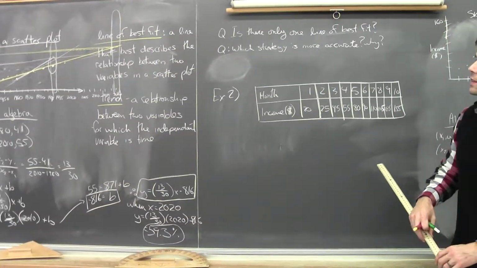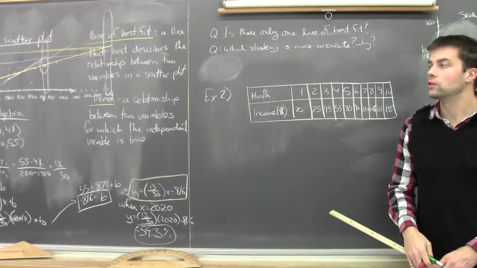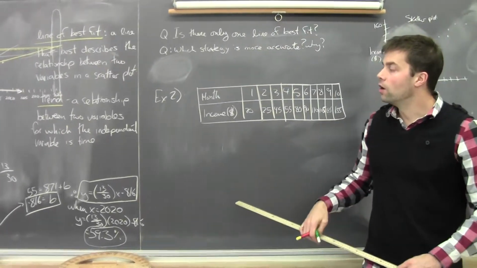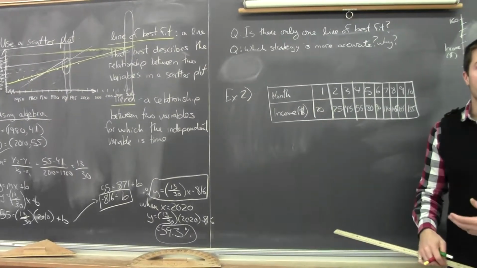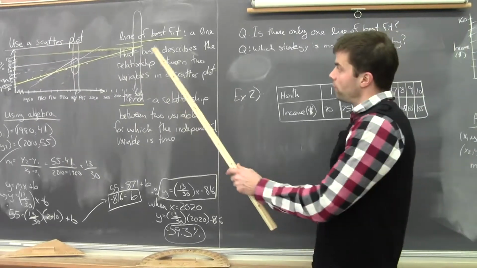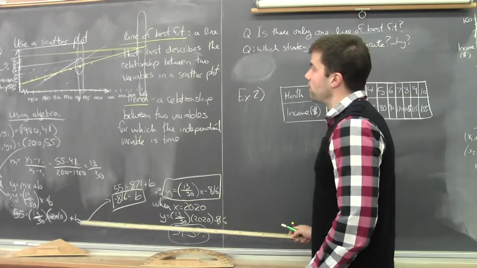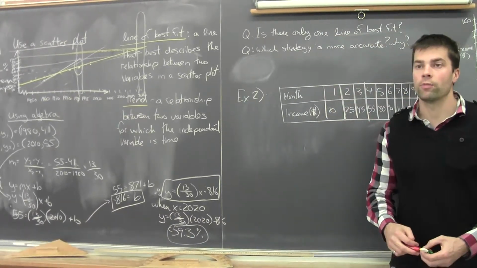But the important fact is that they're very similar. They're in the same range of each other. So you should get similar answers. But again, all of these answers and everything that we're doing today is in the area of estimation. We're estimating. Definition of a line of best fit: it's a line that best describes the relationship between 2 variables in a scatter plot.